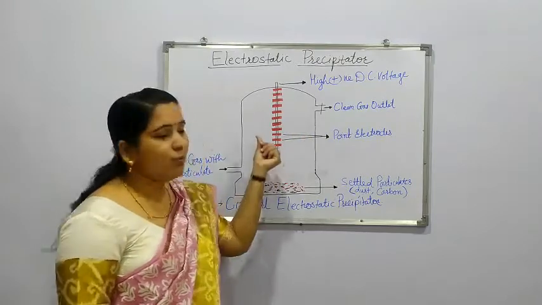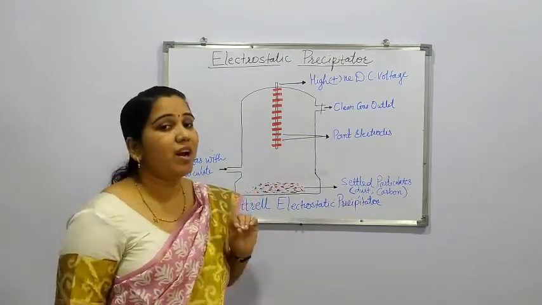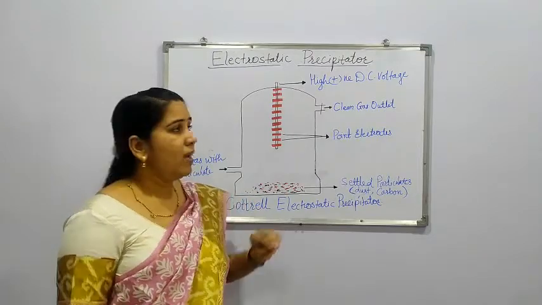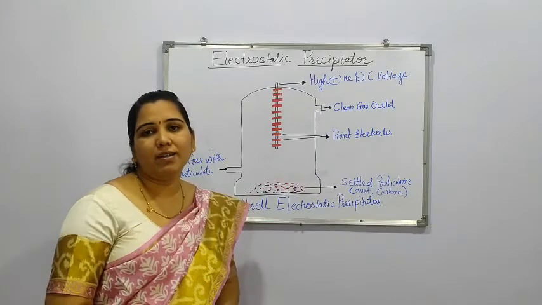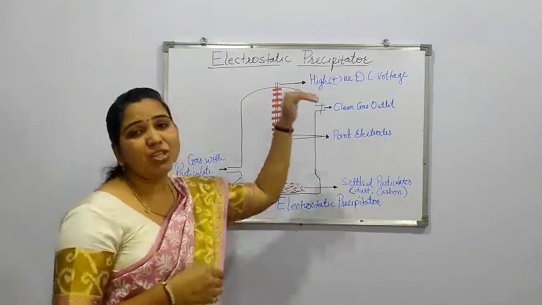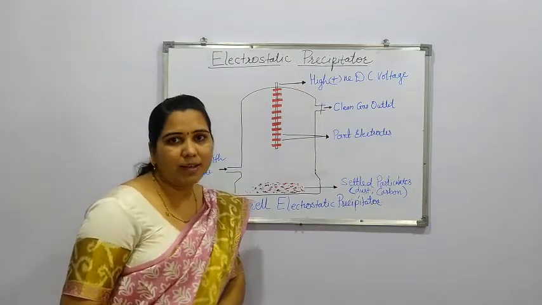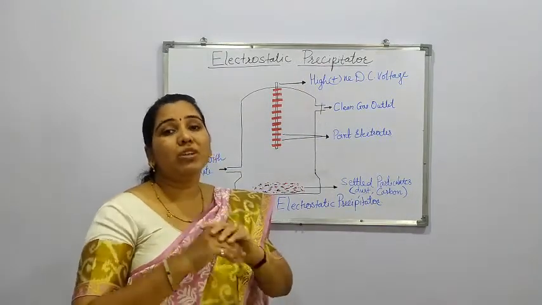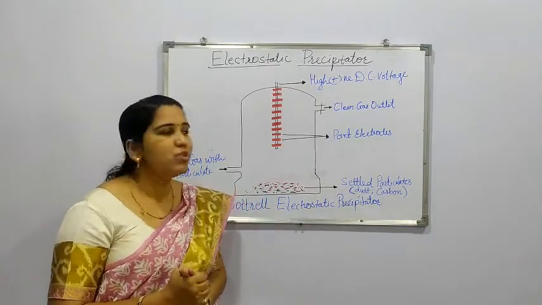Whenever it moves toward the upper side, it interacts with the point electrodes, which have a positive charge. Here we have used a high positive direct current source, a high positive potential. More than 30,000 volts of electricity is used here.